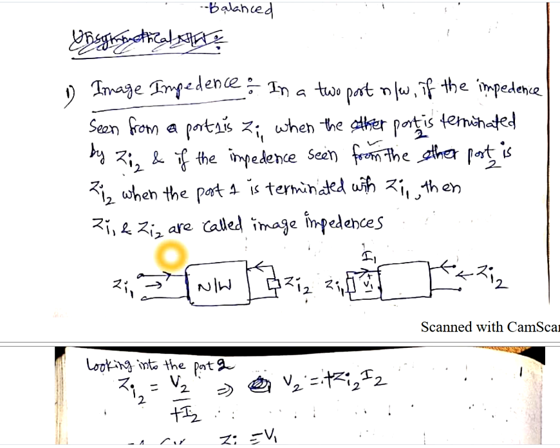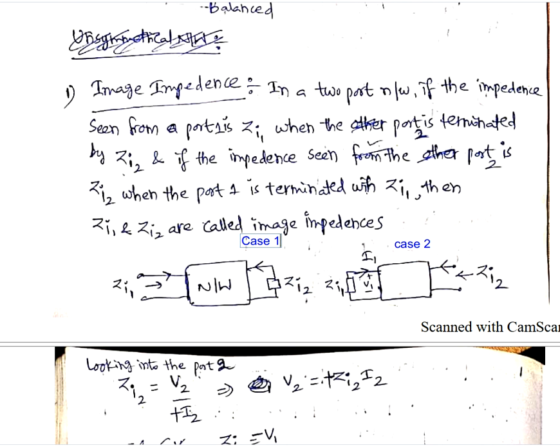From this you can understand there are two cases. This is case 1, let us say, and this is case 2. In case 1 the impedance seen from port 1 is Zi1 when port 2 is terminated with Zi2.